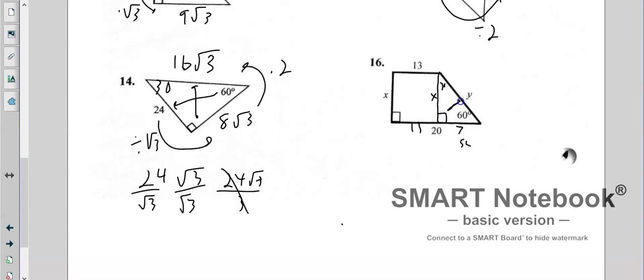This is the hypotenuse. So that makes this 14. Okay? So you're just taking the small side, which is opposite to 30, and doubling it. And then here we have a square, so x is 13.